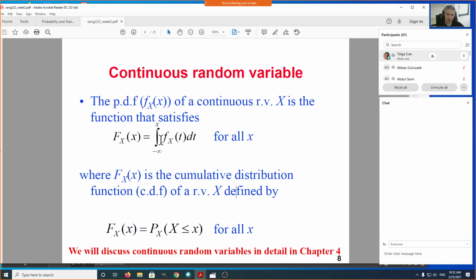In terms of summation, you will have an integral, and we will integrate this probability density function all the way from minus infinity to x. Basically, the probability density function is going to be the derivative of this cumulative distribution function most of the time.